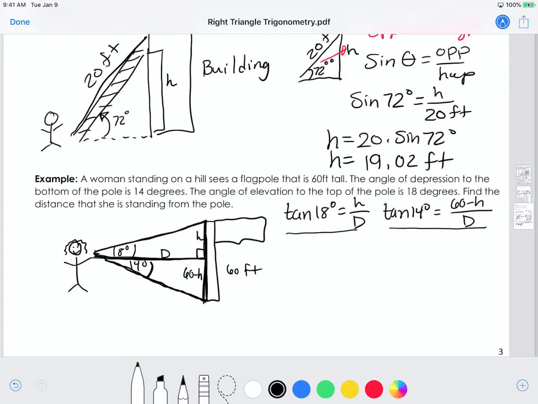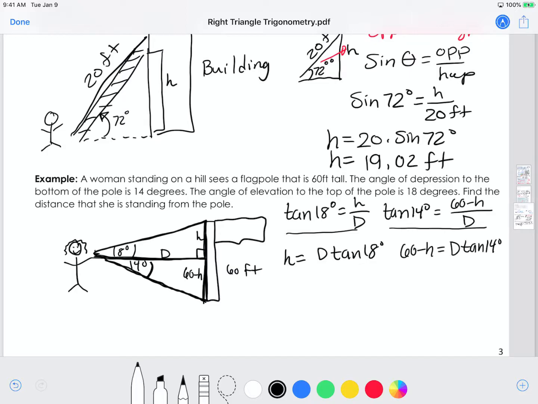So what I'm going to do is solve this first equation with tangent 18 for h. H is equal to d times tangent of 18 degrees.